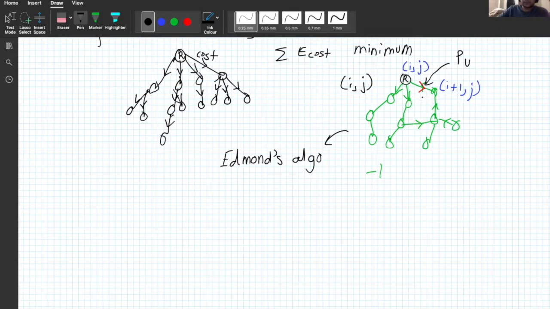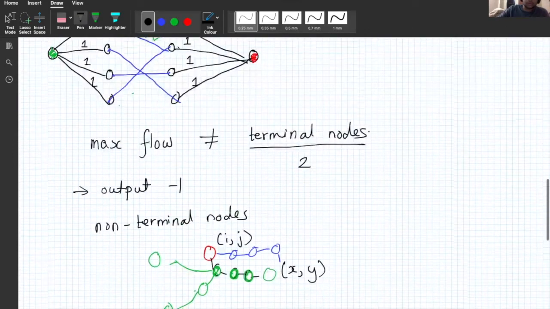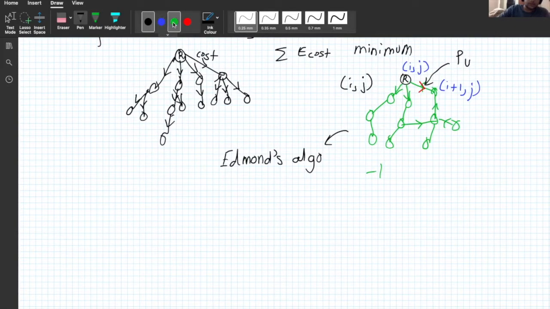Something else actually means that they won't exist at all, not that they can be directed in some other way. So just to reiterate, if we do this for every ij which is a terminal node, then we're done, because we've handled terminal and non-terminal nodes.